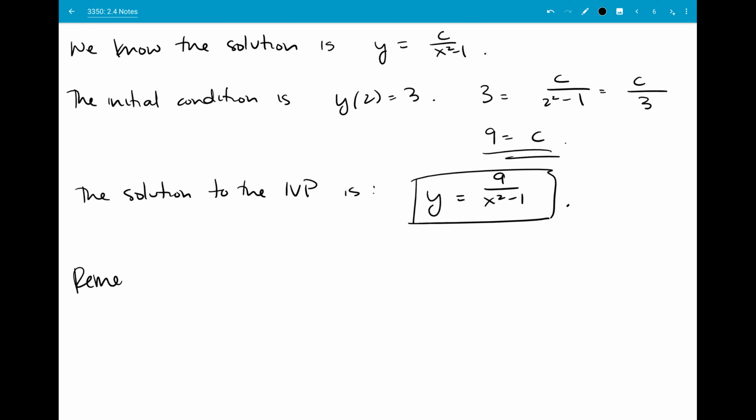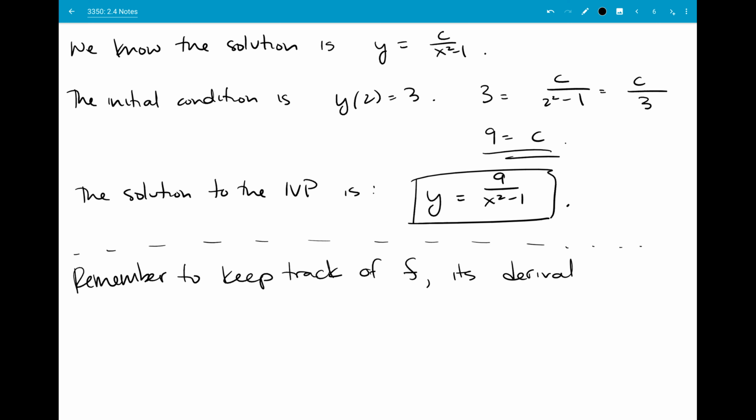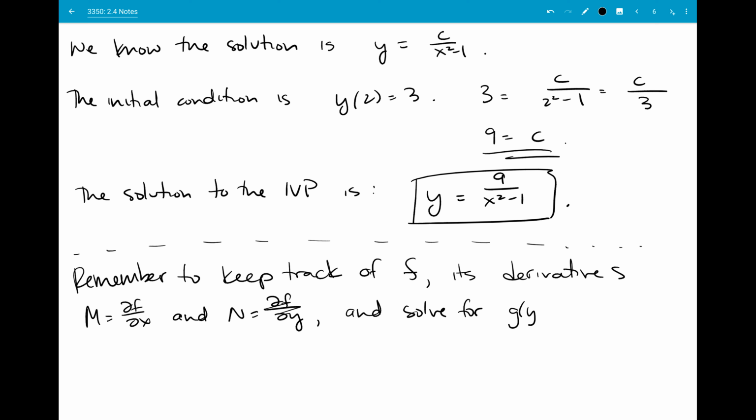So just remember, you need to keep track of f, its derivatives, M equal to df dx, and N equal to df dy, and solve for g of y in order to find your solution.